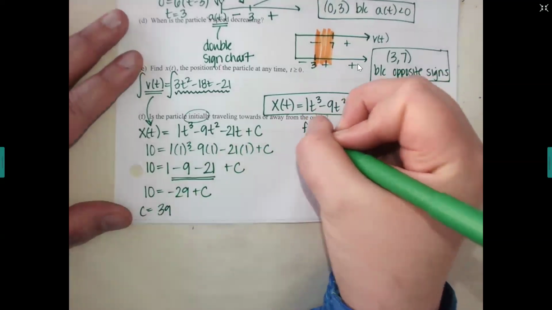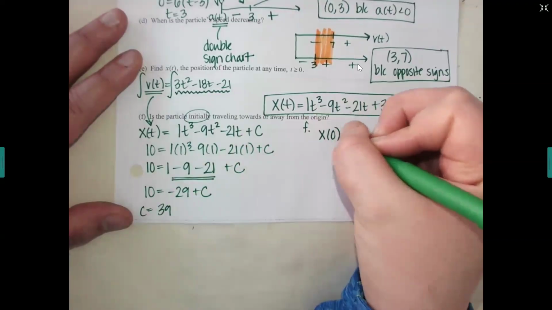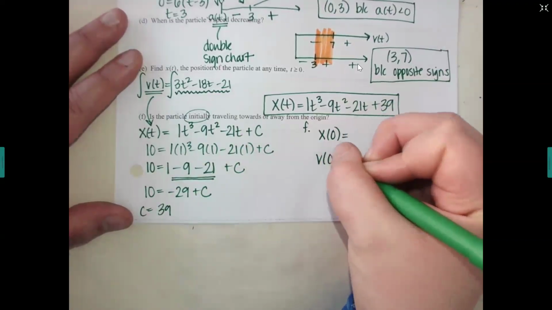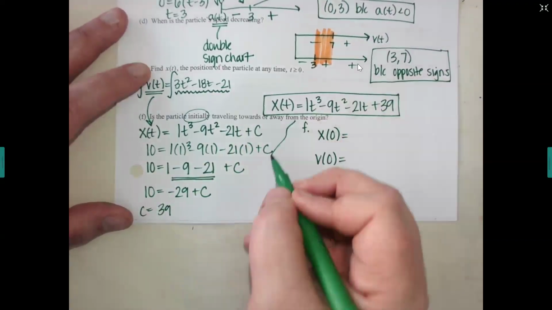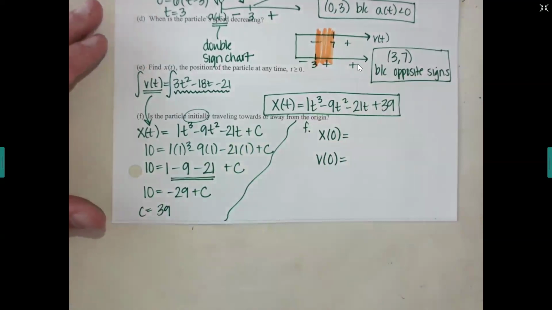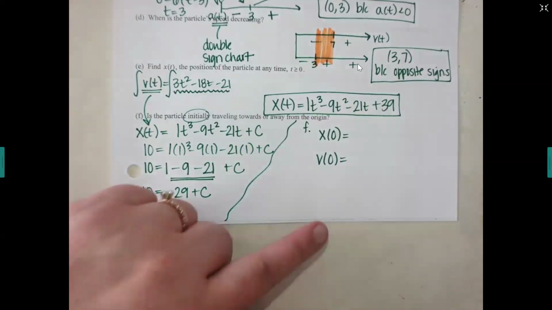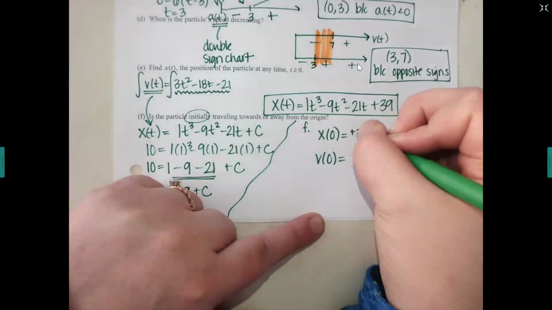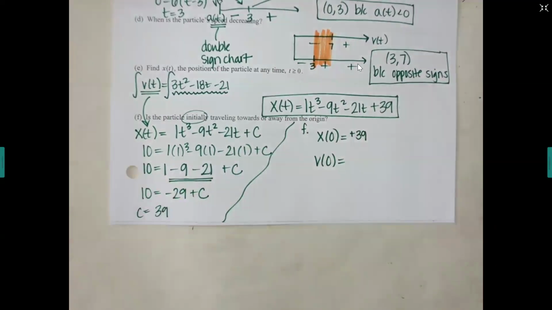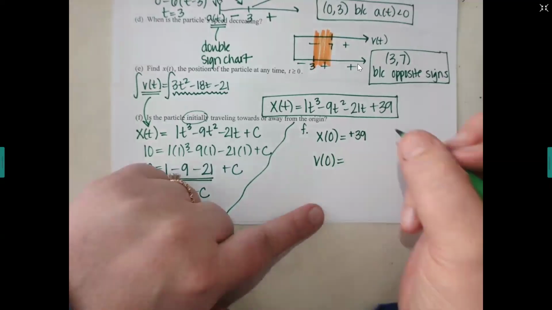So for part F, we're going to find the position at 0 and the velocity at 0. Okay, now 0 is the easy number to plug in because it's going to basically cross everything out except the c. So position would be 0, 0, 0 plus 39. And then my velocity was written right here. So it'd be 0, 0 minus 21 would be minus 21.